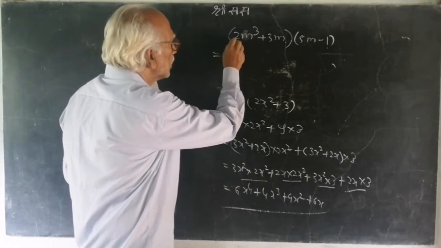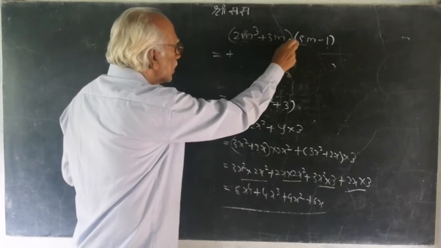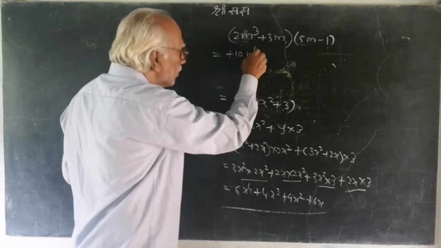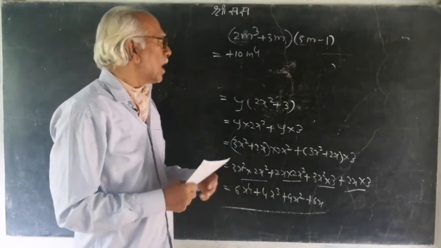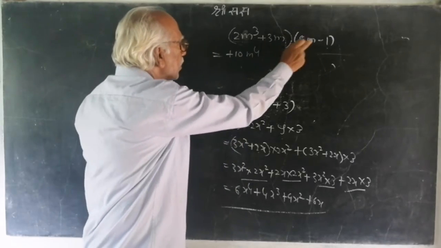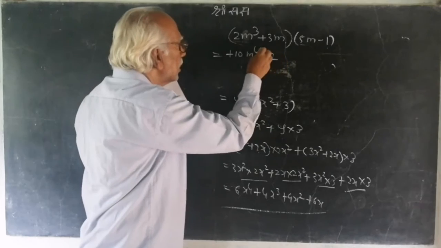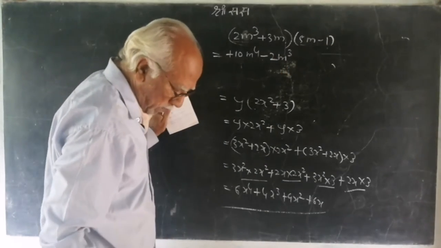This is first into first: plus into plus is plus, 2 into 5 is 10, m cube into m is m fourth. Then first into second: plus into minus is minus, 2 into 1 is 2, m cube, no variable is there, so that will be m cube.